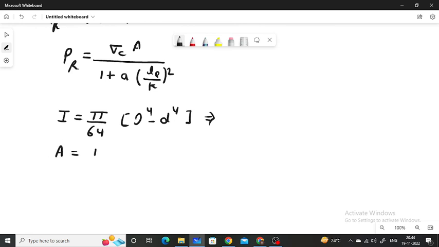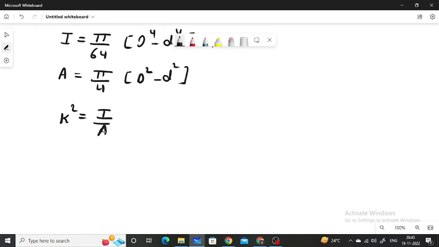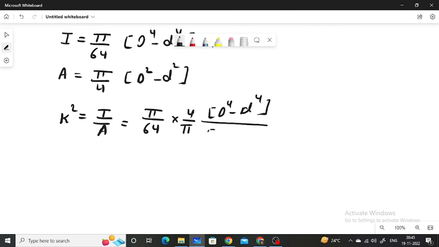Cross sectional area of the section will be pi by 4 into D square minus d square. K square will be equal to I by A. So here pi by 64 into 4 upon pi, D to the power 4 minus small d to the power 4 divided by D square minus d square. K square will be equal to D to the power 2 plus d to the power 2 divided by 16.